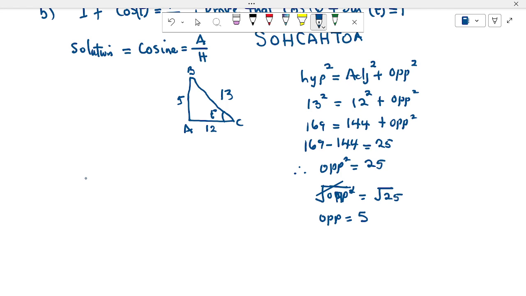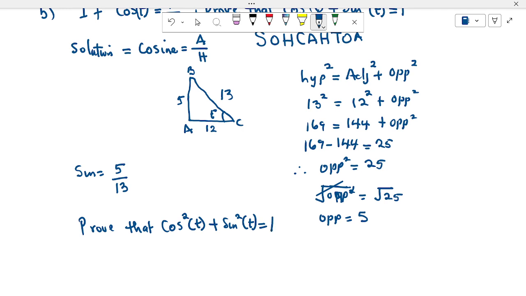Therefore, having gotten the opposite, we know that our sine will be equal to opposite, which is 5, all over hypotenuse, which is 13. The question now says we should prove. Don't forget, our question says prove that cos squared t plus sine squared t equal to 1.